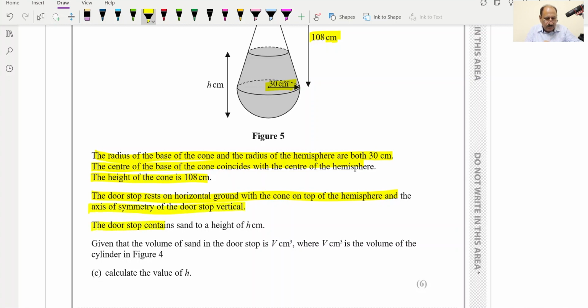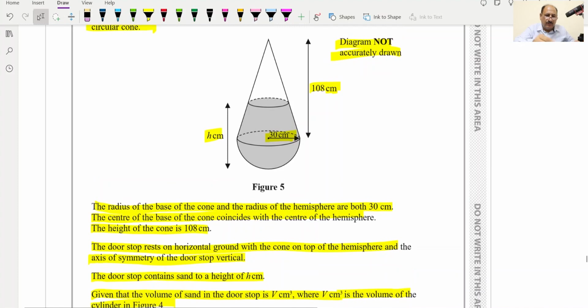The door stop contains sand to a height of h. This is height of h. Given that the volume of the sand in the door stop is V centimeter cube, where V centimeter cube is the volume of the cylinder in figure 4, calculate the value of h. So we have to calculate the value of h.